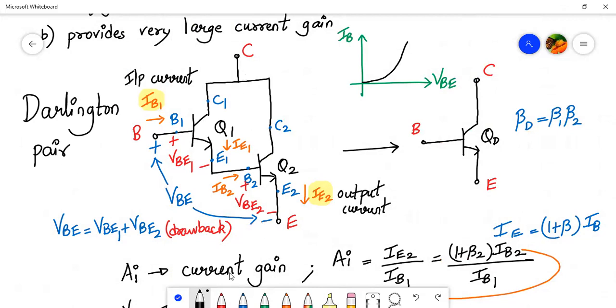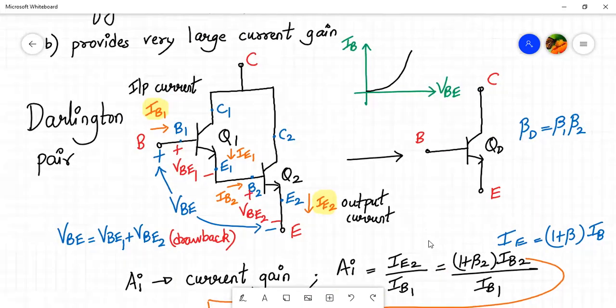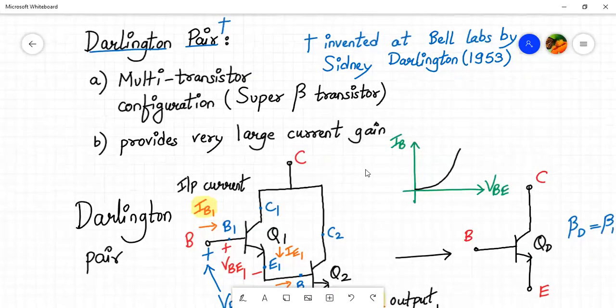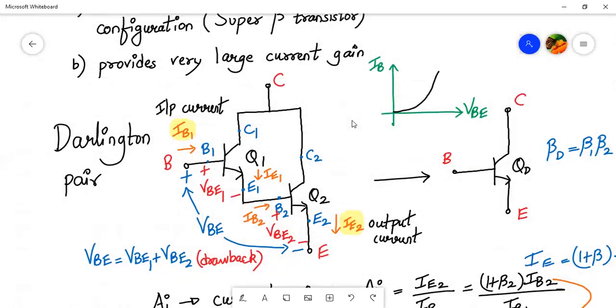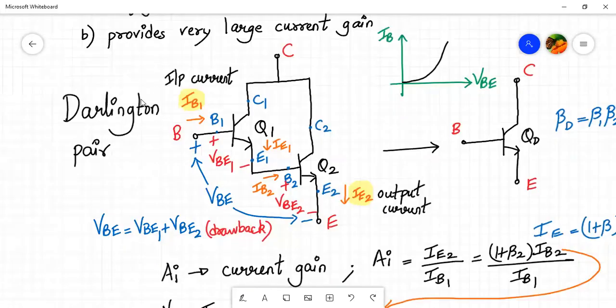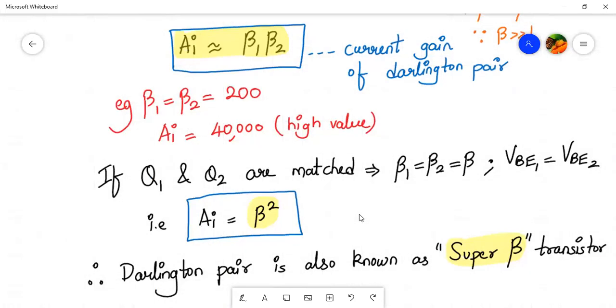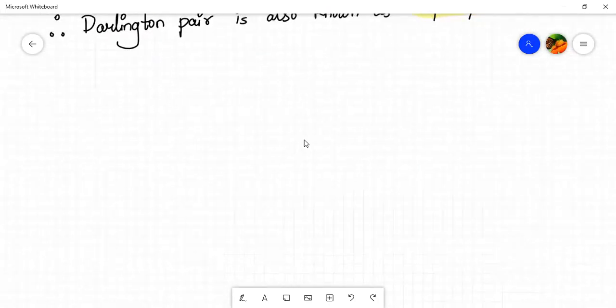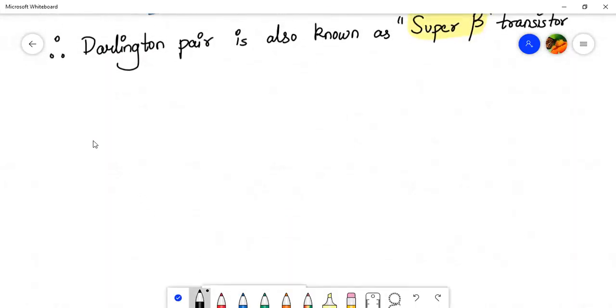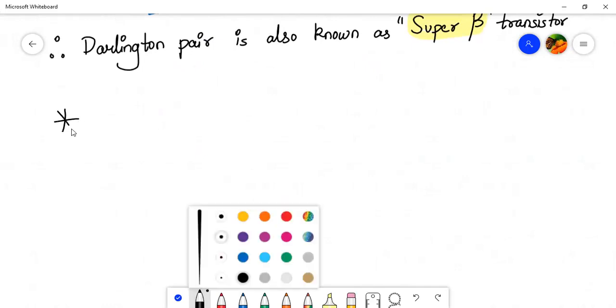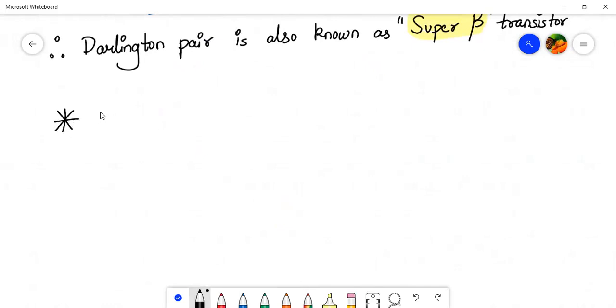All right. Now we have to analyze this Darlington pair and fit it in one of the amplifiers, right? And we'll analyze that amplifier. So let us start with that analysis. We have to fit this Darlington pair in some configuration. So we'll use common collector configuration. So we'll write common collector Darlington amplifier.